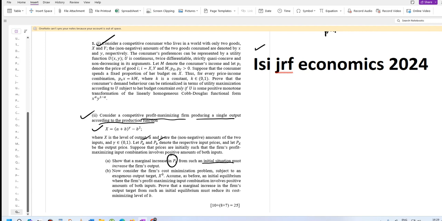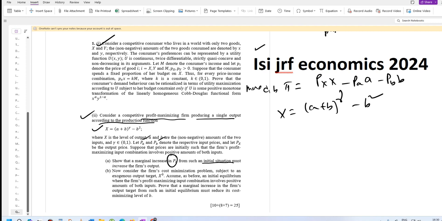So consider a marginal increase in pb in this situation, where the profit maximizing input combination involves positive amounts of both the inputs. The profit maximization problem here is: maximize over a and b, pi equals px of x minus pa of a minus pb of b, subject to x equals (a plus b) to the power gamma.